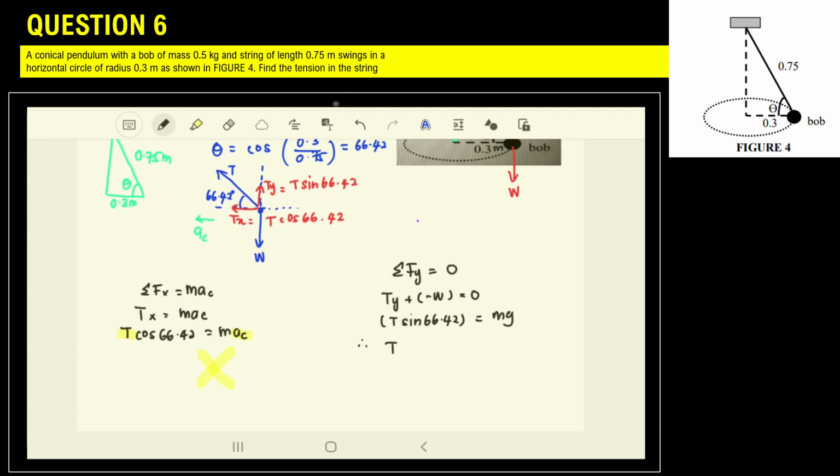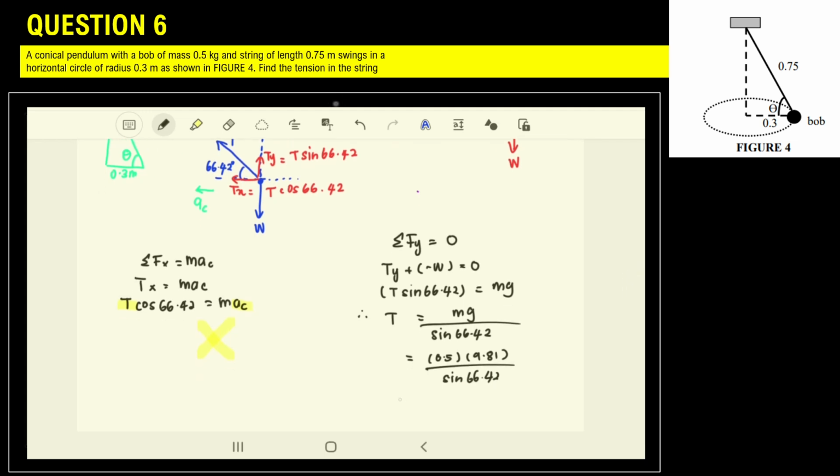Therefore, T is equal to mg over sine 66.42. Substitute the values: mass 0.5 kg, gravitational acceleration, and sine 66.42. Make sure your calculator is in degree mode. Then the tension is equal to 5.35 Newton.